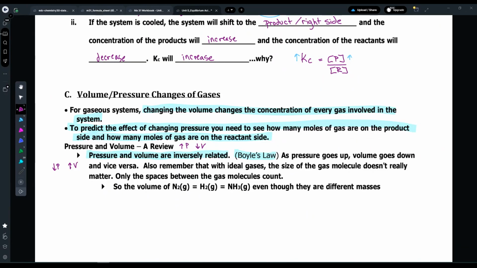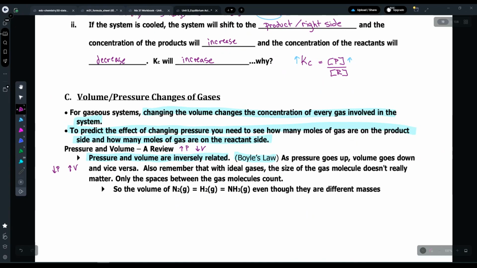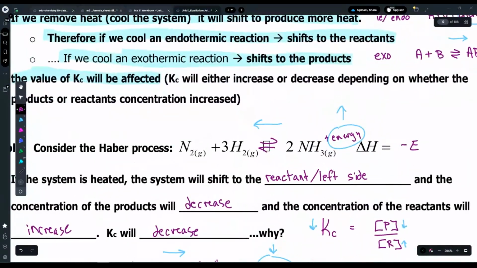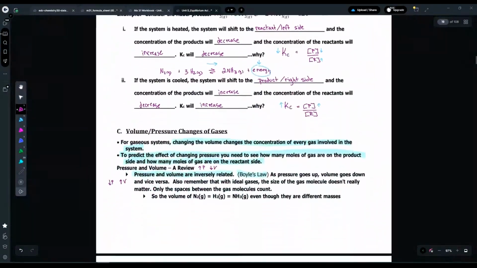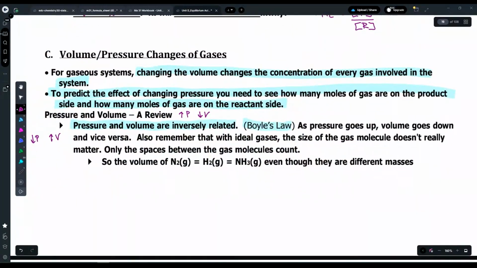Because we assume all gases act like ideal gases, we're also assuming, if we're looking at this reaction, the Haber process, that the volume of nitrogen, hydrogen, and ammonia are the same, even though they have different masses.